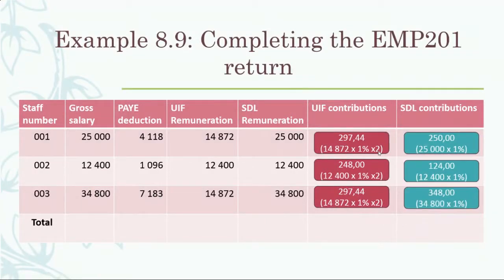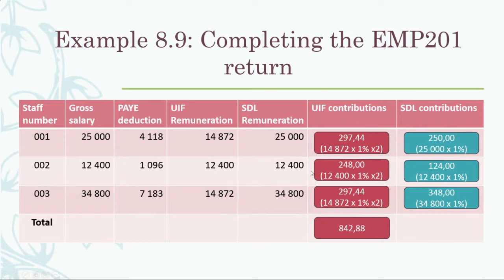So that's the main thing you need to remember if they give it to you in this scenario and they ask you to complete the EMP 201 return, is that UIF contribution is for 2 people. It's for the employer as well as the employee, so we multiply it with 2 as opposed to just the 1%. So that's the little trick with this specifically.